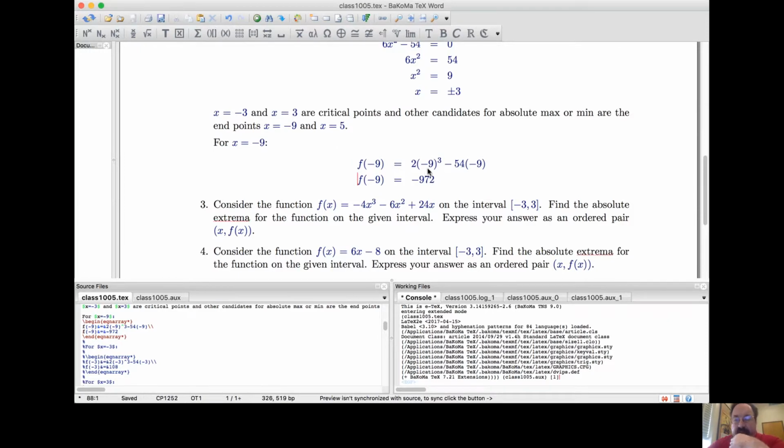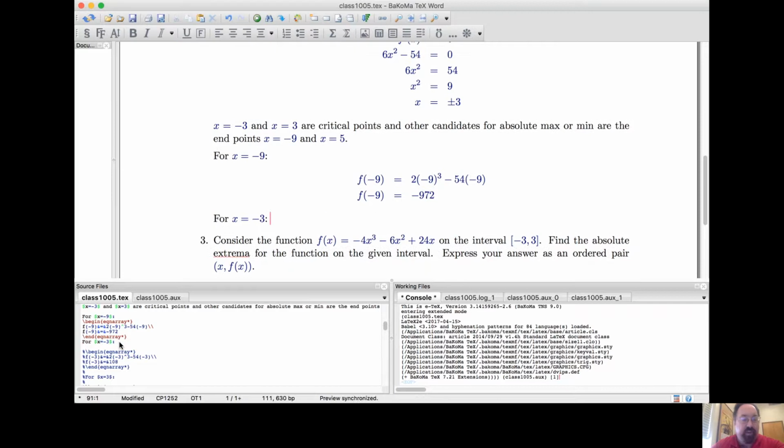So -9 cubed is -729, we multiply that by 2, and then we have -54 times -9, which is going to give us a positive number, but still we get a very negative number here. That's looking like a good candidate for the absolute minimum, but we won't know for sure until we check all the points.